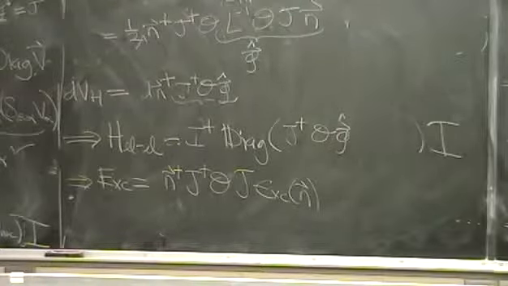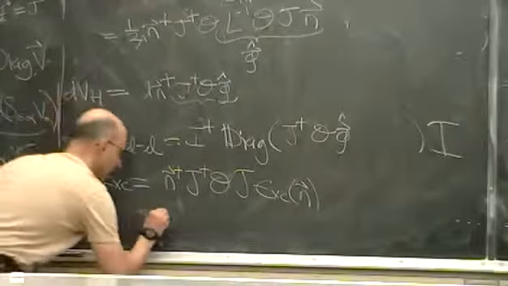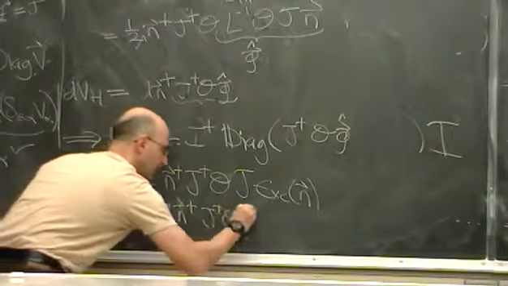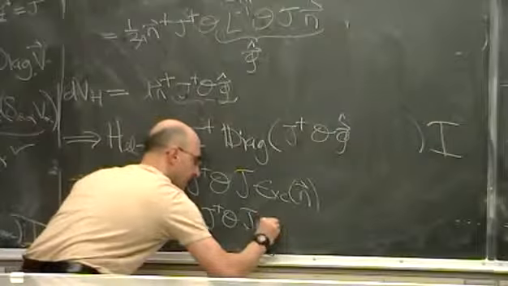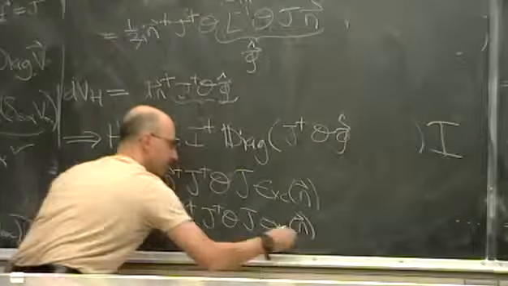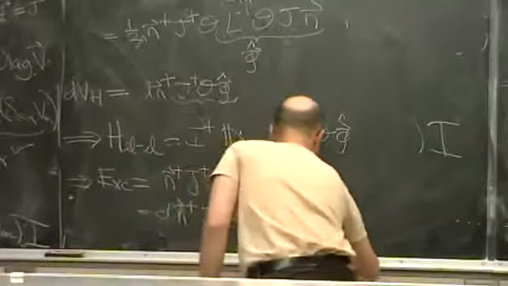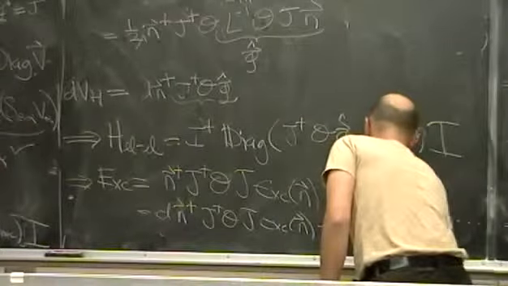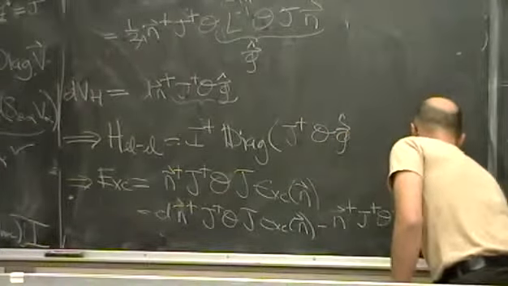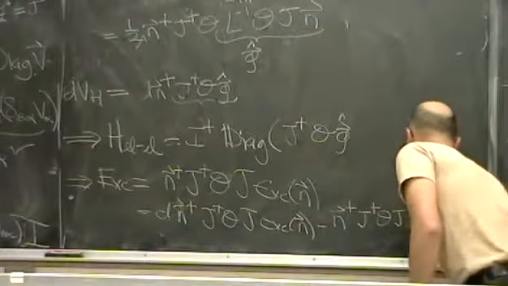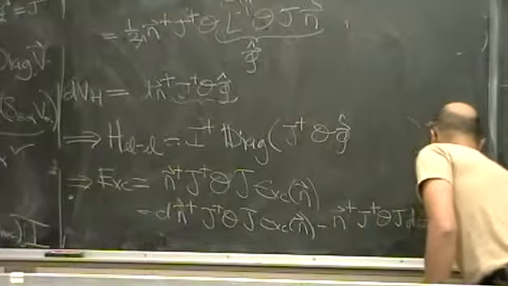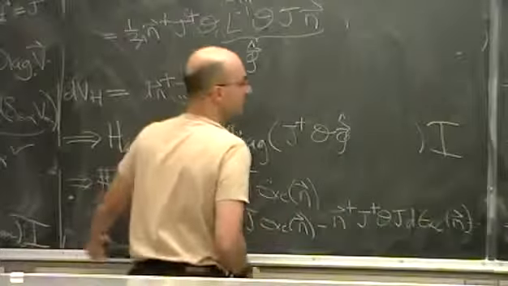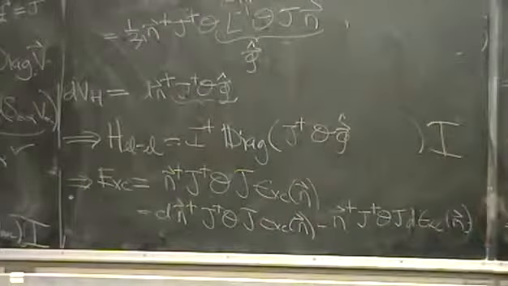I have to be a little careful now. I'll get dn vector dagger, J dagger, O, J, EXC of N, plus N dagger, OJ, EXC, D of EXC. What will the first term give me?